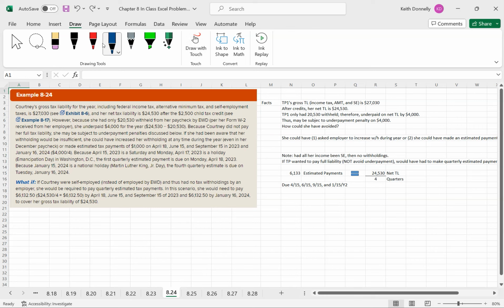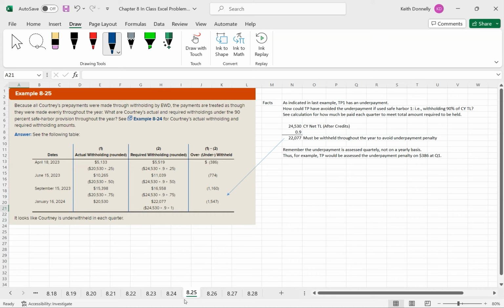If we have an estimated tax liability of $24,000, what we need to do there is put estimated payments into the system. So this is just a high level showing if we have a tax liability, how you would divide that.